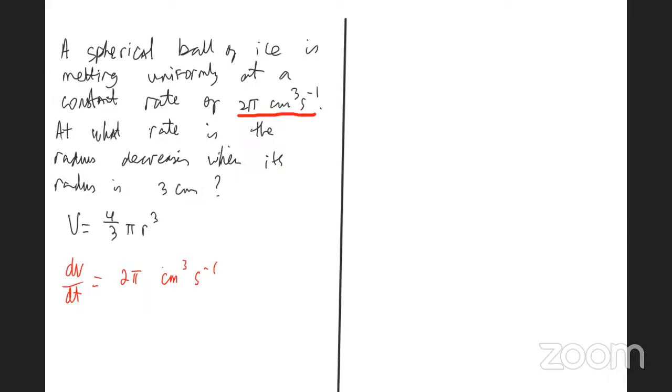At what rate is the radius decreasing? So what are they asking for? dr/dt. They want the radius decreasing, so put a negative sign. Change it up here. You have dr here, you have dt here, and the next variable is V. So we need to get dr/dV, when r is 3.